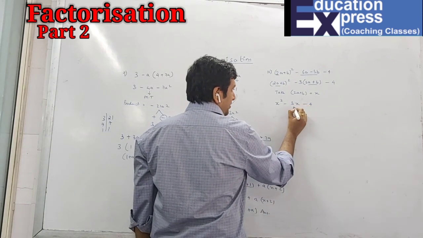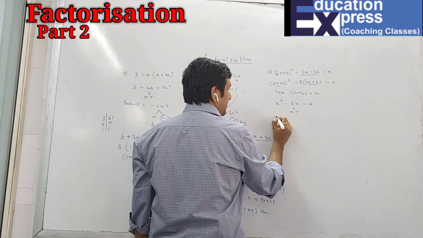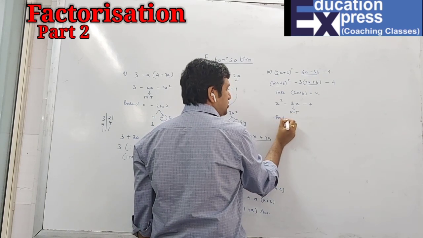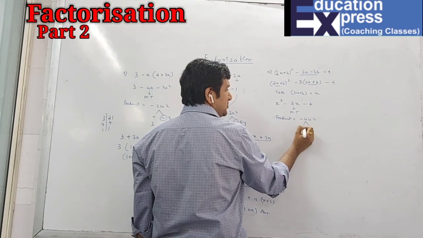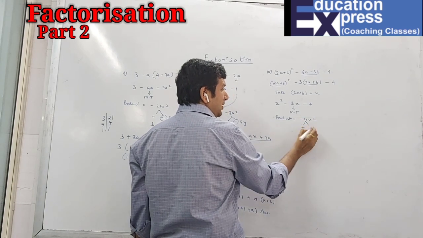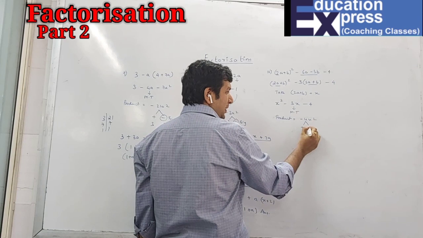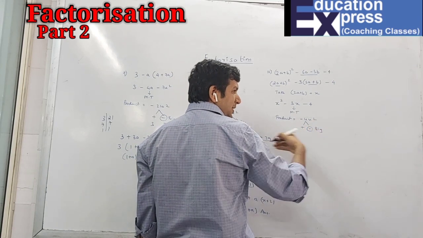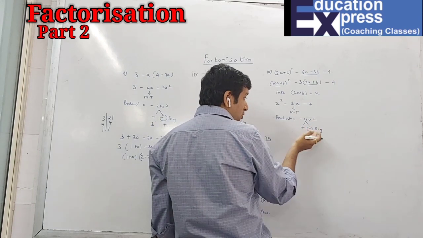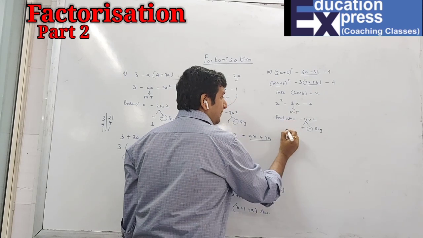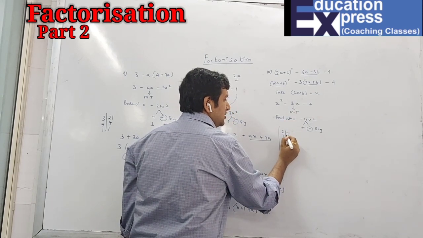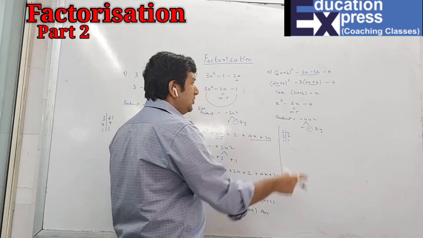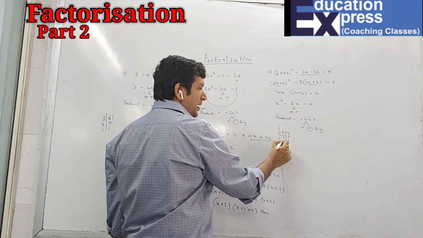Now the same thing: my middle term is available. Product of the extremes is available as minus 4x squared. Minus indicates plus and minus, and the bigger number will get the middle term sign, that is minus. So same concept again. Now I'll find the factors of 4: 2 2s are 4, 2 1s are 2, and 1 4s are 4. I have to subtract two numbers to get 3. So 4 and 1.